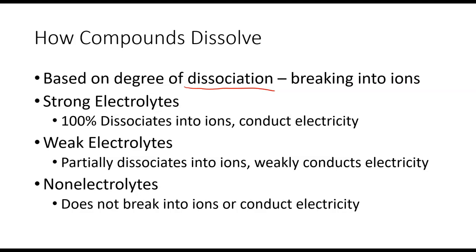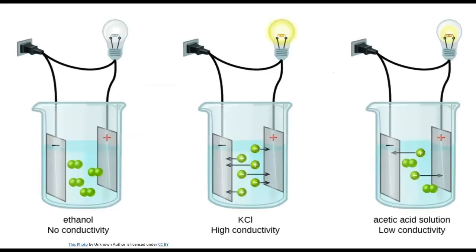So if we actually do a little experiment, we can put various solutes in here. Each of these solutions has water in it, and this one has water plus ethanol. So notice that this light bulb doesn't light up because there's nothing to conduct the electricity. You don't have any ions broken into the solution.